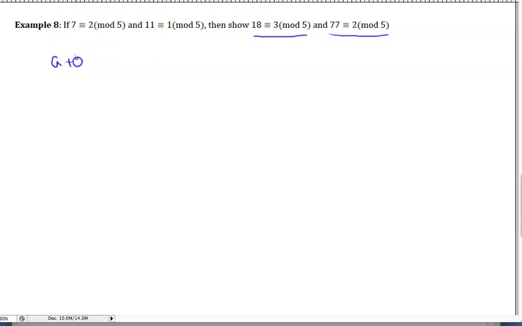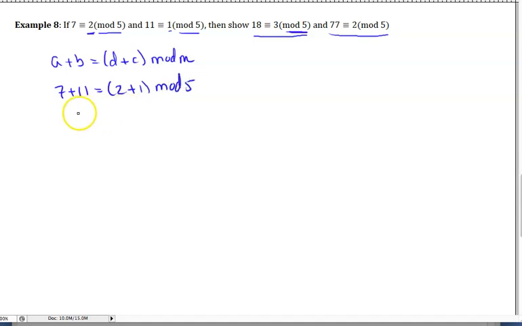So using the addition property, you can see because it's the same mod 5 in all of them, 7 plus 11 is going to be congruent to 2 plus 1 mod 5. So 18 is congruent to 3 mod 5. That shows that this congruency works.